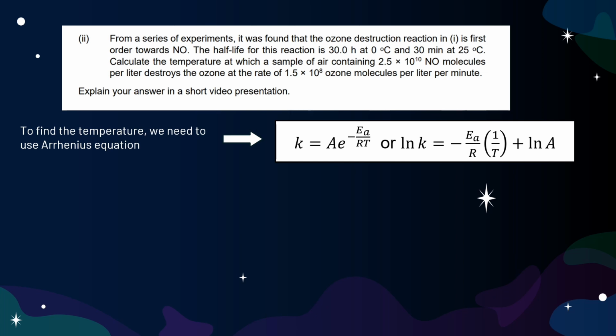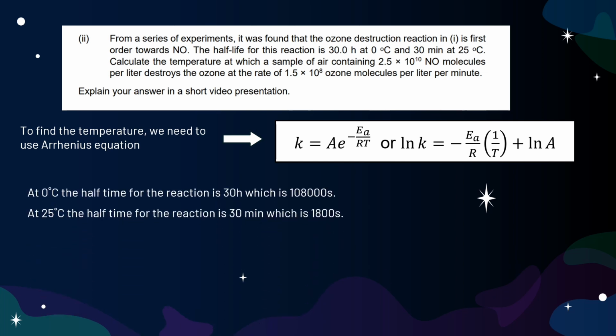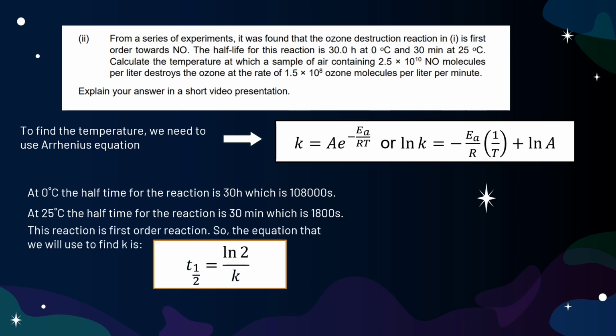So from the question, we know that at 0 degrees Celsius, the half-life for the reaction is 30 hours, which is 108,000 seconds, and at 35 degrees Celsius, the half-life for the reaction is 30 minutes, which is 1,800 seconds. So this reaction is a first order reaction.